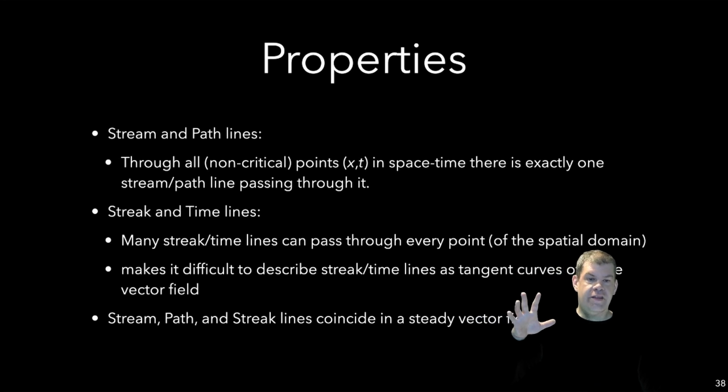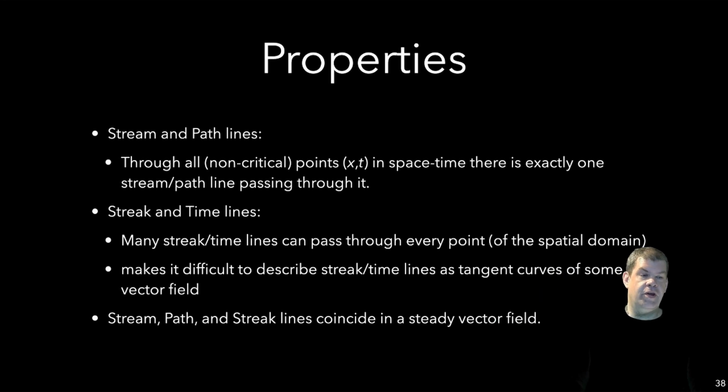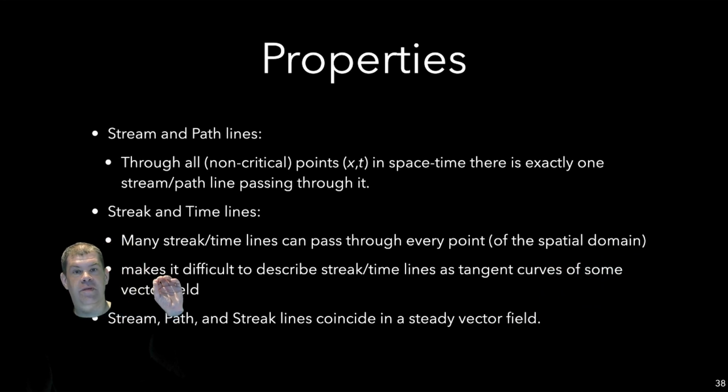Okay, so for streak and timeline, that's different. Many of those lines can pass through a point. The trouble with that property is that it prohibits certain interesting mathematical observations, or it makes them immensely complicated. So this is also why I stopped with this initial value thing.